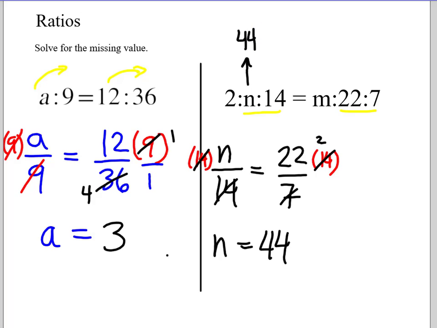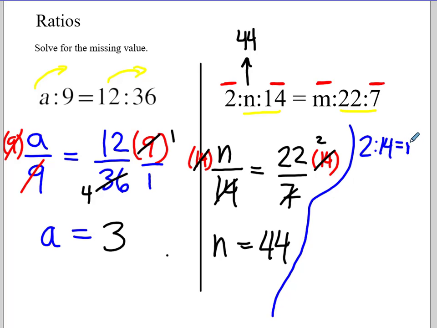And now the next pair I would use, okay, I need a complete pair, so I'm actually going to use this group. And notice I skipped the middle term. I can do that, okay, because the proportions should be all held constant. So I'm going to set this up as 2 to 14 is equal to m to 7.